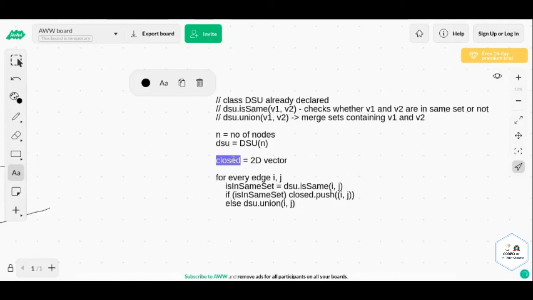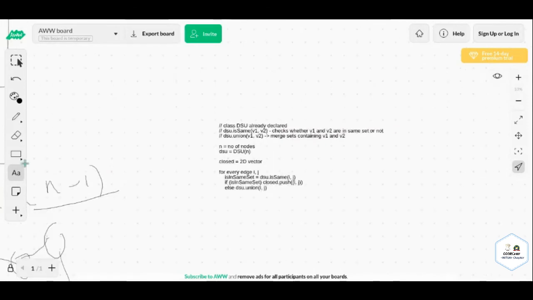Now the size of closed will be equal to the size of new, meaning the number of edges within closed will be equal to the number of new roads that can be created. First of all we need to find which nodes to connect.